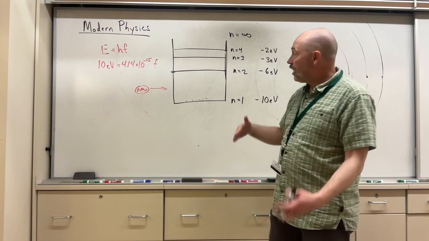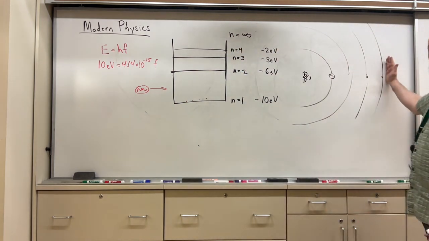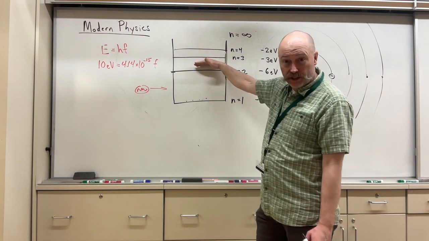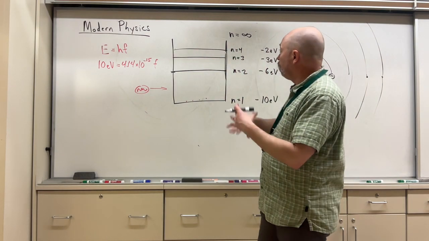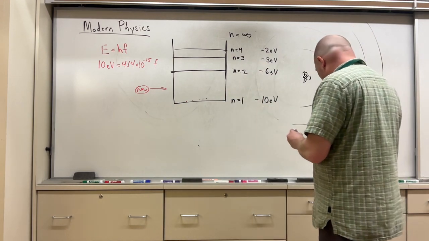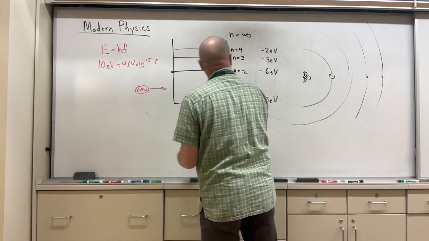Well, when it falls down, it has to fall from one energy level to the next. It can't just hang out in between, because remember, the stable orbits are when you're a full de Broglie wavelength.